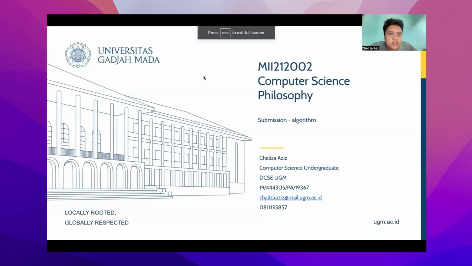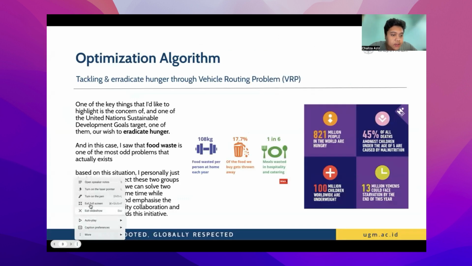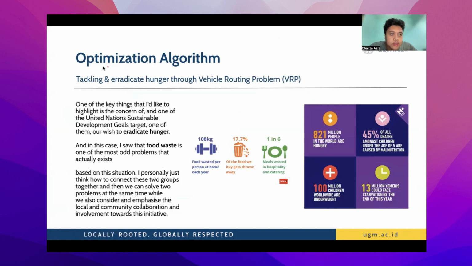So I'd like to start. What I'm about to share is, again, this assignment summary which I talked about earlier. Some of the key things that I'd like to highlight today are on the optimization algorithm, which, to be precise, is the vehicle routing problem, and the key thing that we'd like to solve is to eradicate hunger.